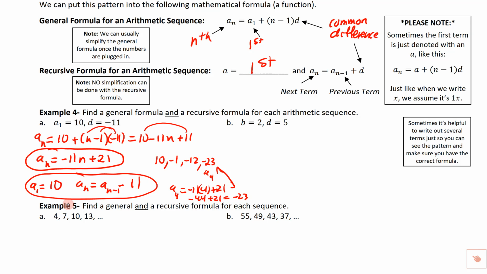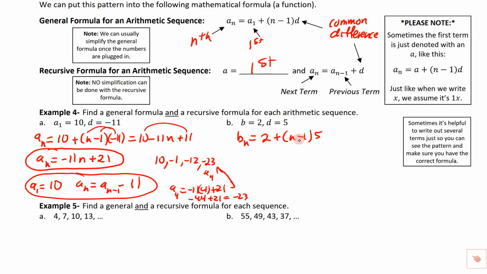So let's take a look at this next one. Again, this is problem B, so we're going to use a B to write down the formula. So B sub n for the general formula is going to be the first one, so that's going to be 2 plus n minus 1 common differences. So the common difference on this one is 5. So you'll notice all I'm doing is I'm just replacing each time I have a value. I need the first term, so that's going to be a 2.